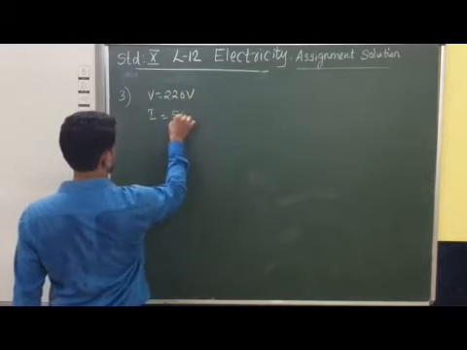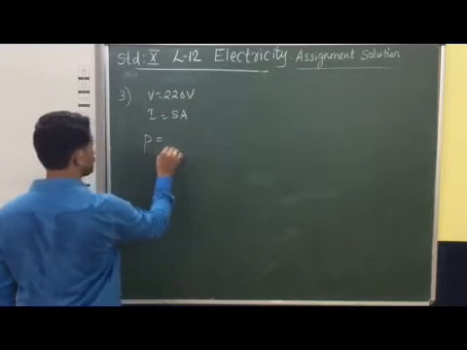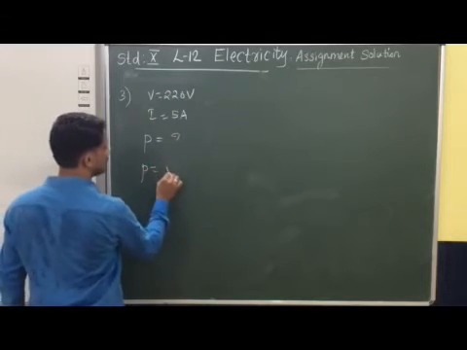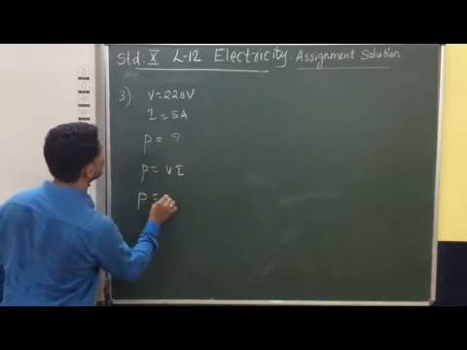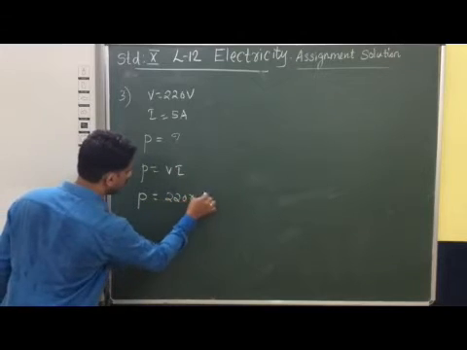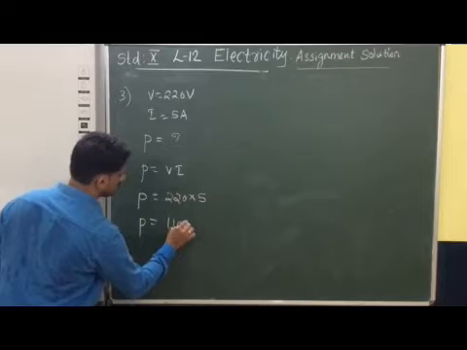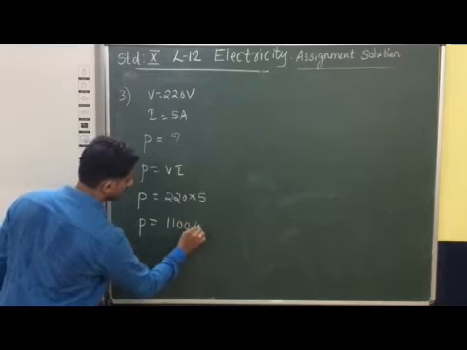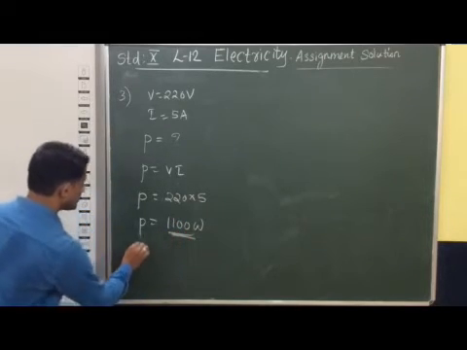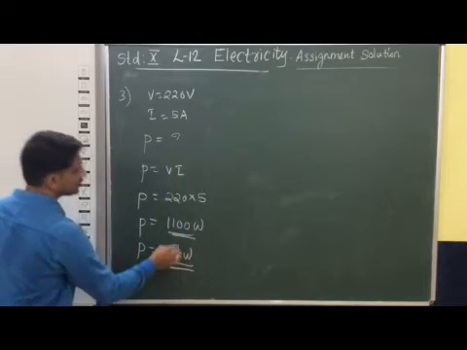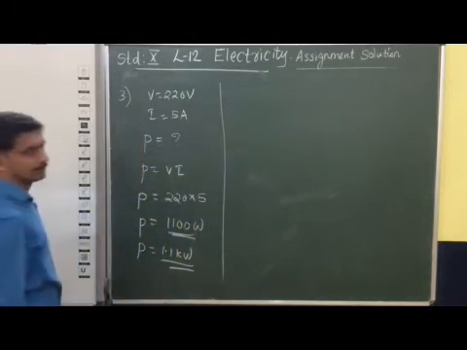Current is given as 5 ampere. So we are supposed to calculate the power. Power is given as VI, so V into I, that means 220 into 5. So P is equal to 1100 watt, that means this is 1.1 kilowatt. So this is the power consumed.